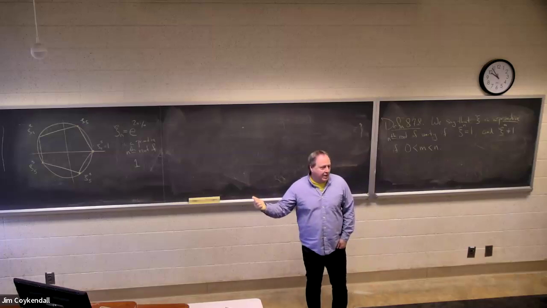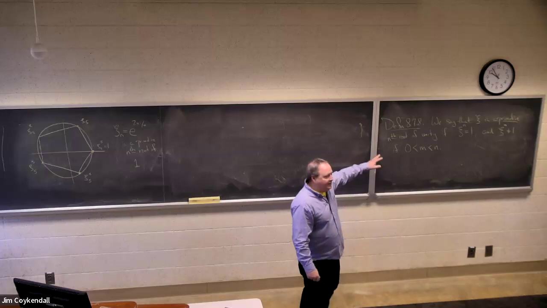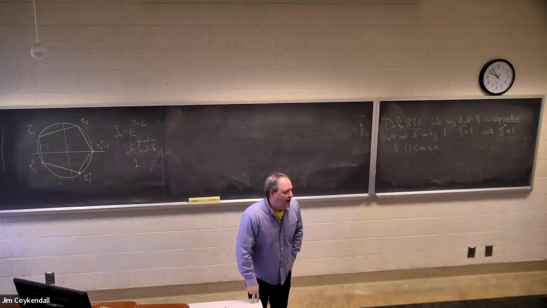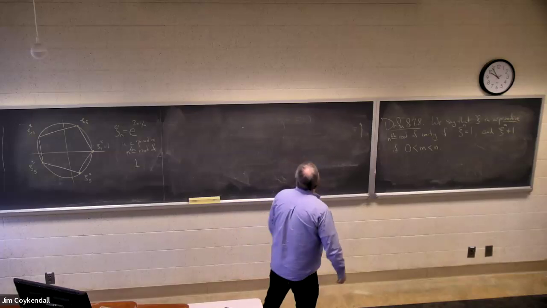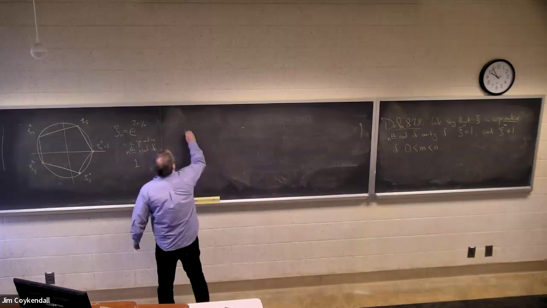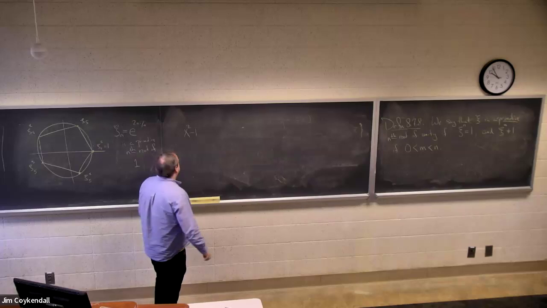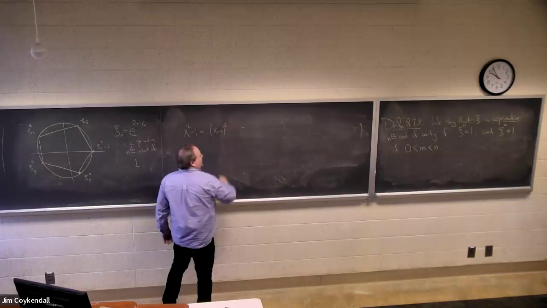For characteristic 0, like the rational or complex numbers, this is all good. But if you take the field of 2 elements, what happens if you try to find a primitive square root of 1? This, unfortunately, is x minus 1 squared.